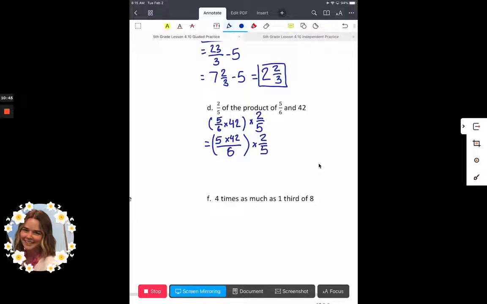We can reduce here, so I'm going to divide by 6 and get 1, divide by 6 and get 7. I'm left with 35 times 2/5. So again, I can reduce, so I'm going to divide by 5 and get 1, divide by 5 and get 7, and I'm left with 14.